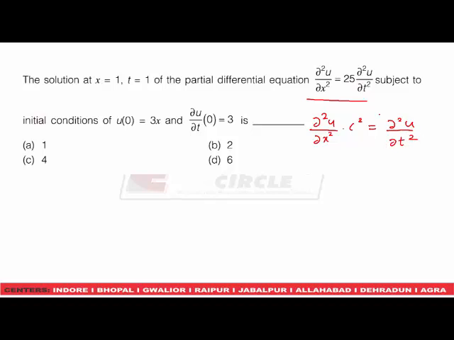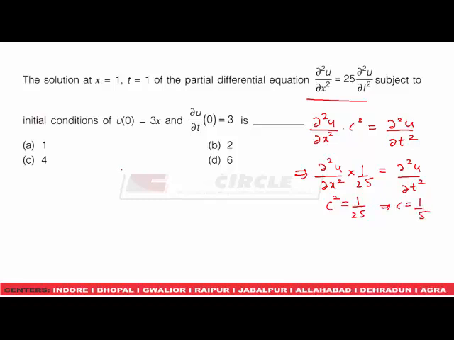So comparing the two equations, taking 25 on the LHS, it will be 1 by 25 equal to del square u by del t square. So comparing, we get c square equal to 1 by 25, which implies c equal to 1 by 5.